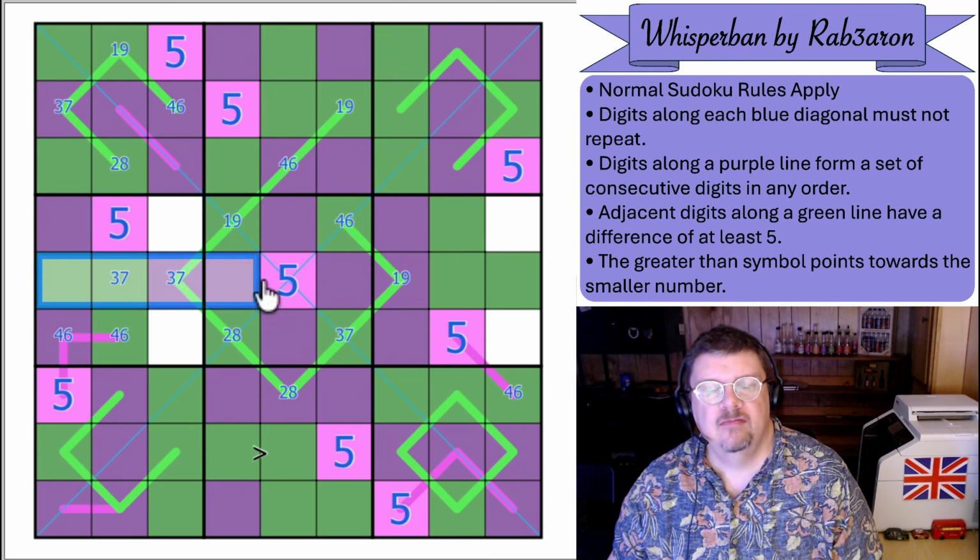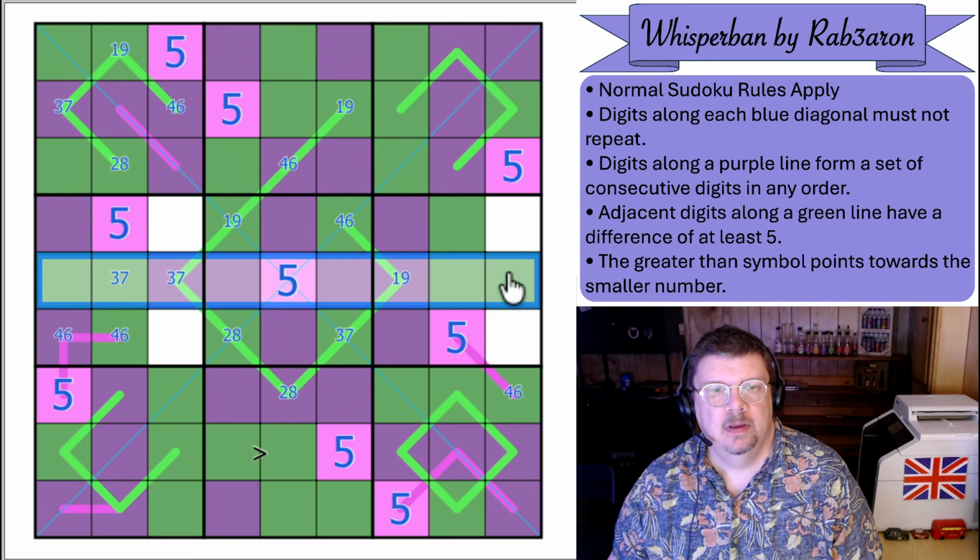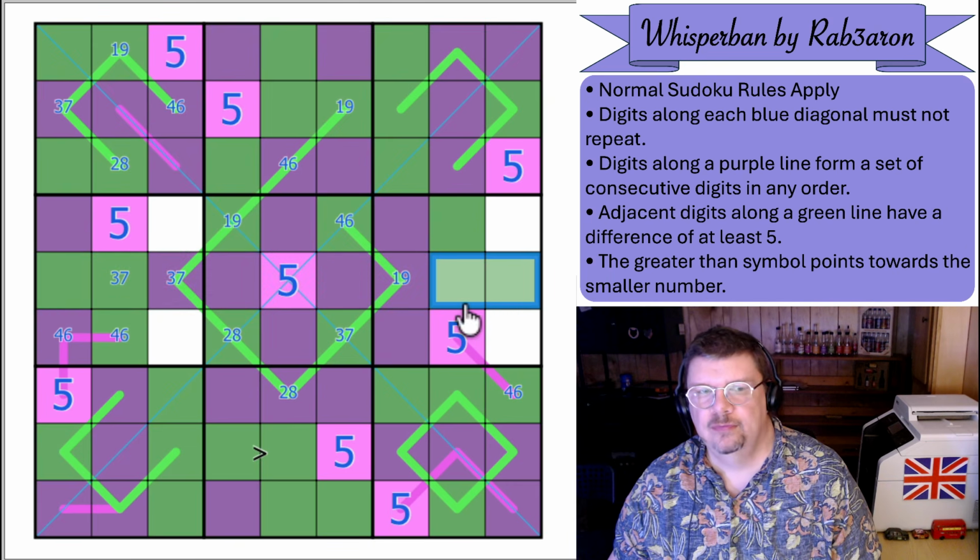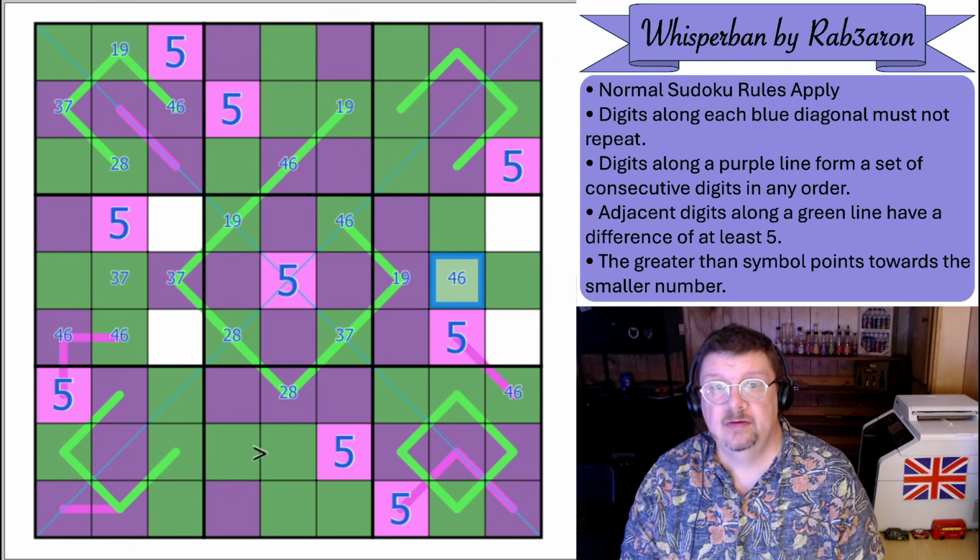Okay, where does the green 4-6 go in this row? It must be in one of those two because it can't be here because of that 4-6. But this one can't be the green 4-6. So that is the green 4-6.